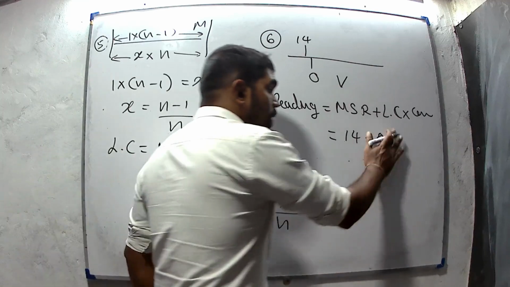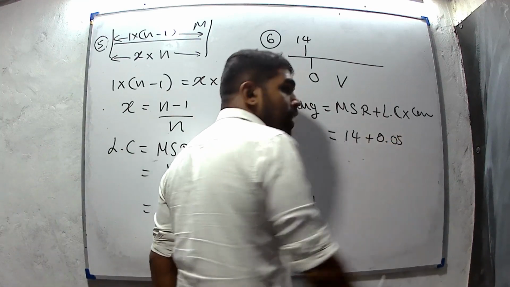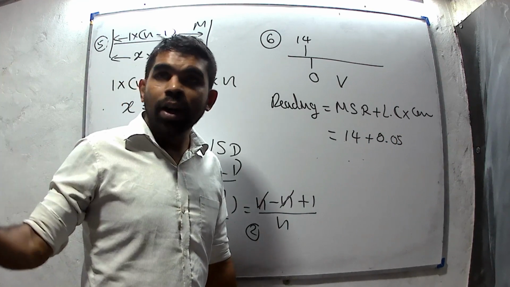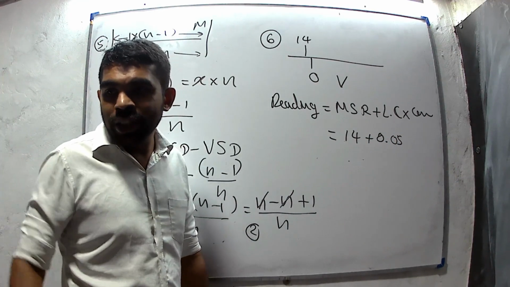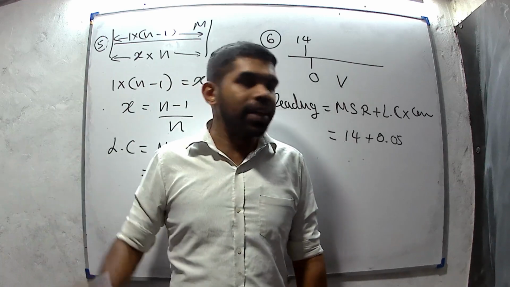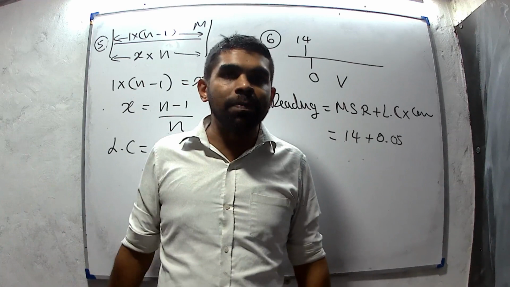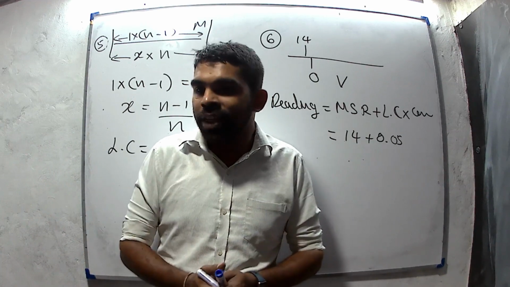The least count is 0.05 millimeters. It is given in the question. See the right hand corner of the given instrument, 0.005 centimeters, but I am considering the millimeter value, therefore we have to multiply by 10 to convert centimeters to millimeters.